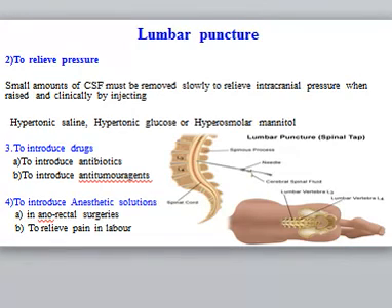So: collecting fluid for diagnostic purposes, injecting drugs, and measuring pressures. A small amount of cerebrospinal fluid must be removed slowly to relieve intracranial pressure when it is raised. Third, to introduce drugs such as antibiotics, and to introduce anesthetic solution to relieve pain in labor. In these situations, they make the lumbar puncture.